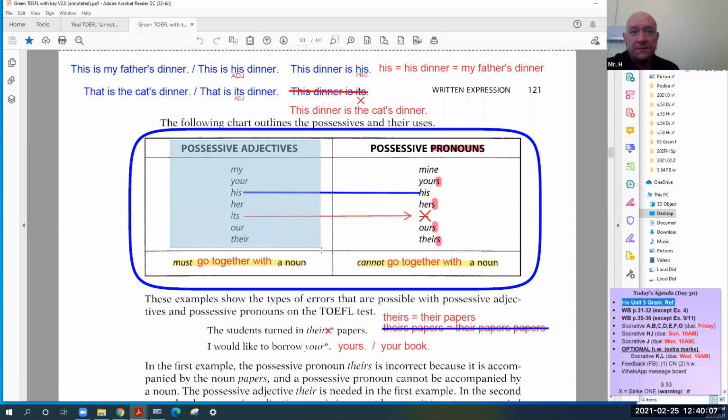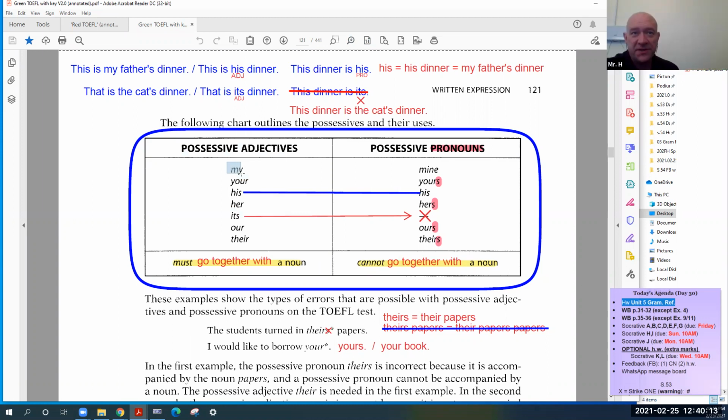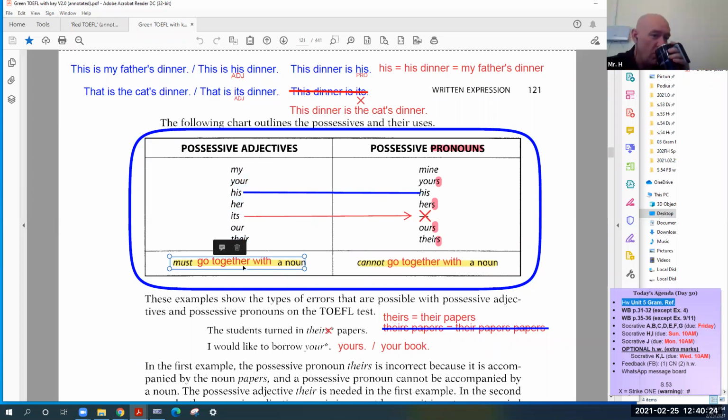what do you have on the left? Possessive adjectives. On the left, we have adjectives, right? What does it mean when you have an adjective? Right here, what does it say? Must go together with the noun. It's not optional. And what about the other side?